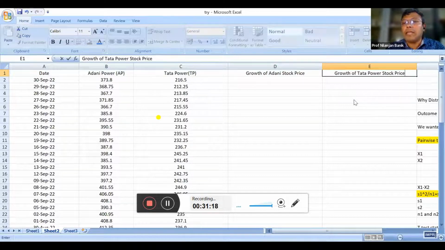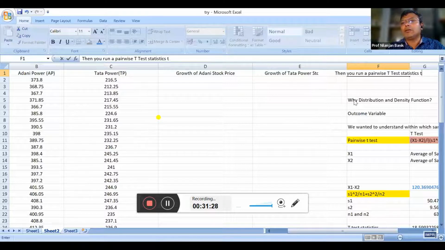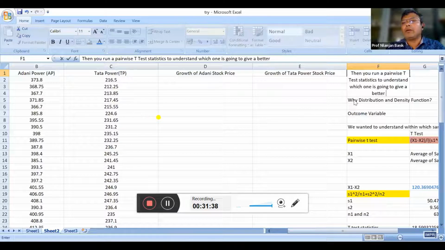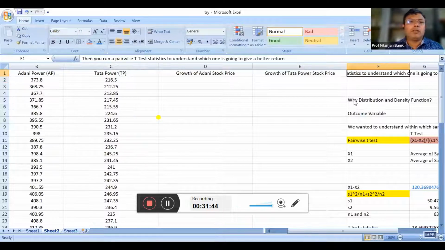And then you run a pairwise t-test statistic to understand which one is going to give a better return.